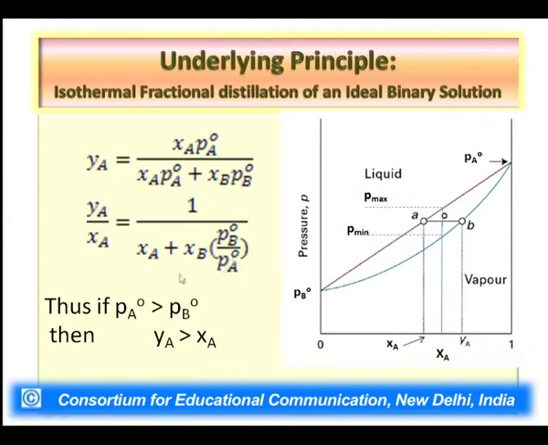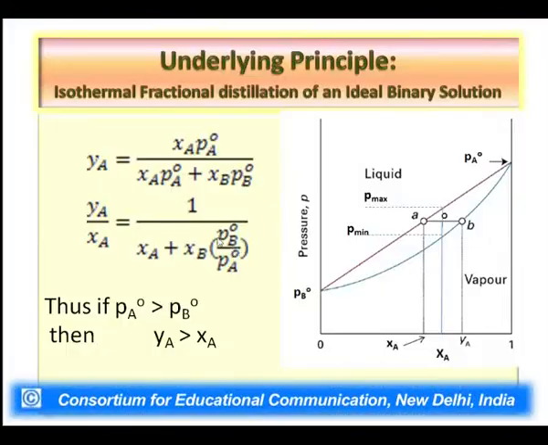Now, if we say component A is more volatile, what does it mean? It means that the vapor pressure of pure component A is greater than that of pure component B, that is, Pa naught is greater than Pb naught. Then in that situation, let us look at this expression.